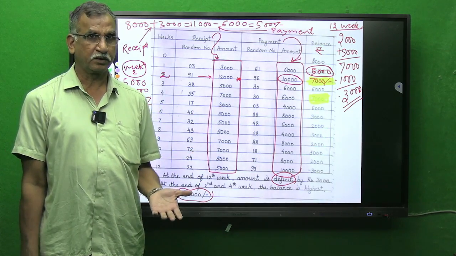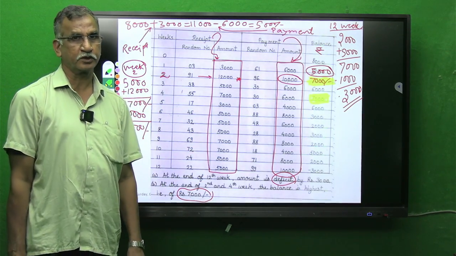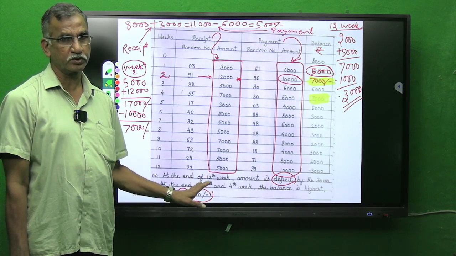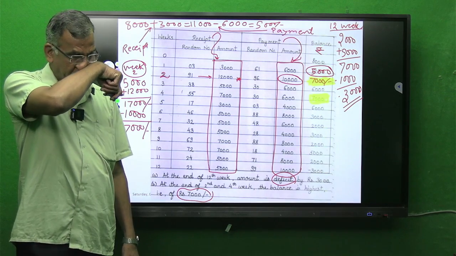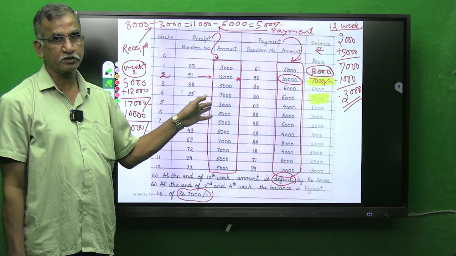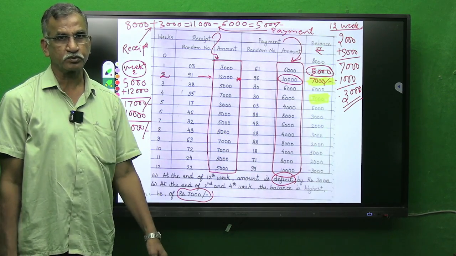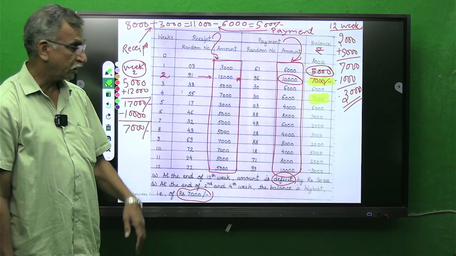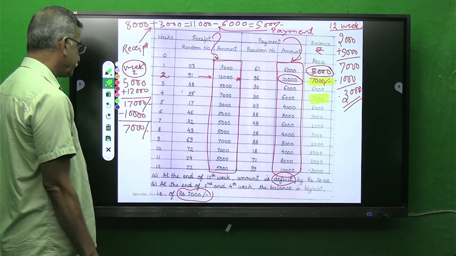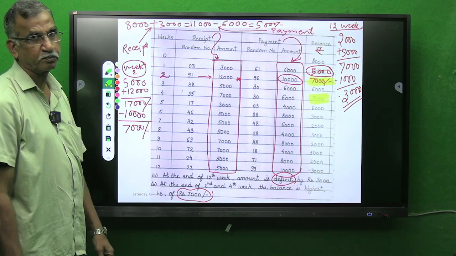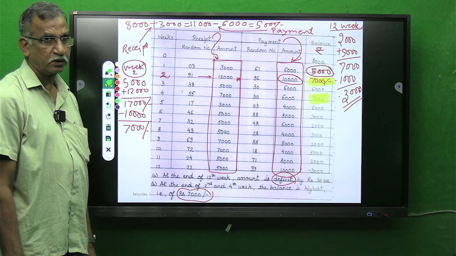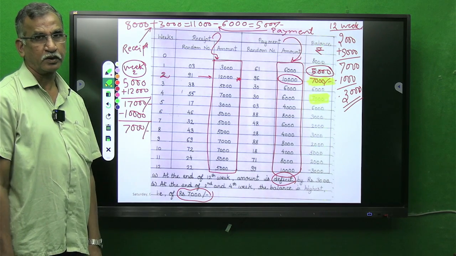When we write computer program for simulation, logic will be exactly same which we have used in this problem. When we write the computer program for simulation, or when simulation software is prepared, same logic will be used. But students, in real life, this is solved with the help of sophisticated computers, and for that we take a large number of random numbers.